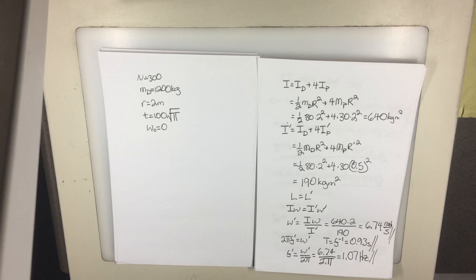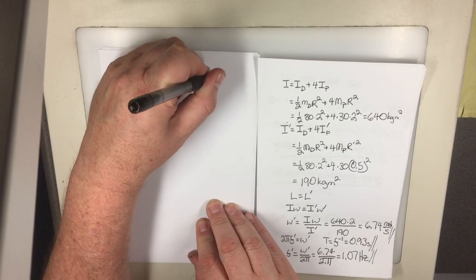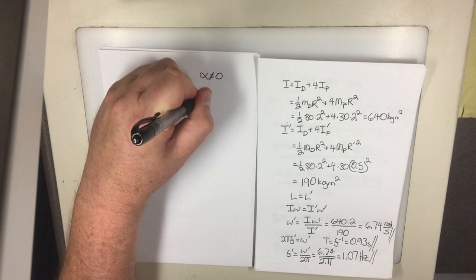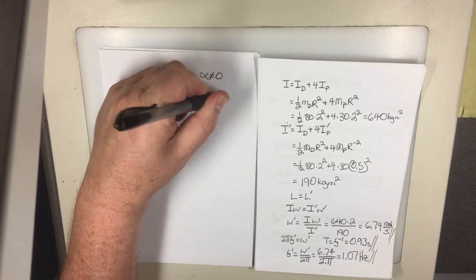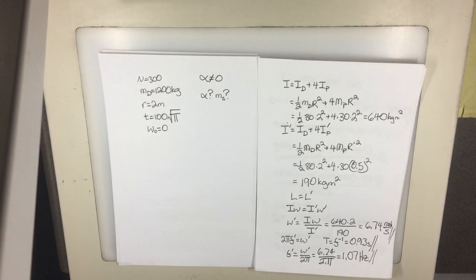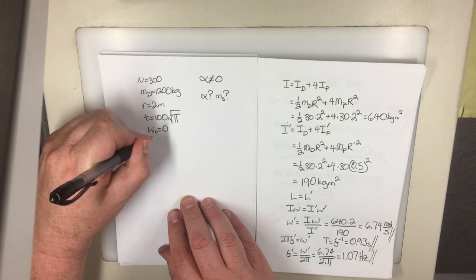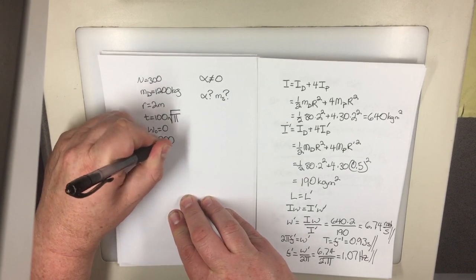Because if omega naught was 0 and it's not accelerating, it's not spinning up, then we just have a disk that's sitting there doing nothing. It's a boring problem, so it's got to spin up. So alpha is definitely non-zero. I'm looking for alpha, and I'm looking for the mass of the disk. I've got the force, 300.